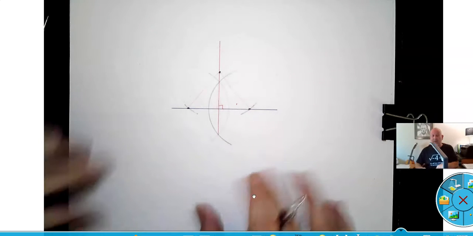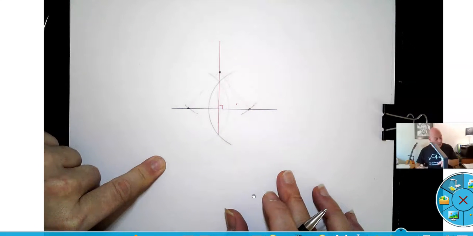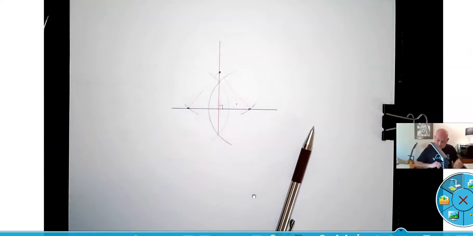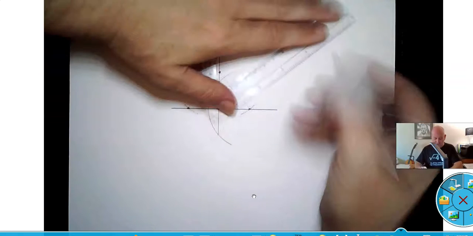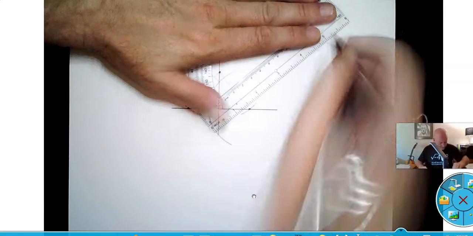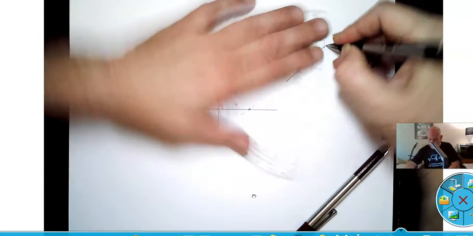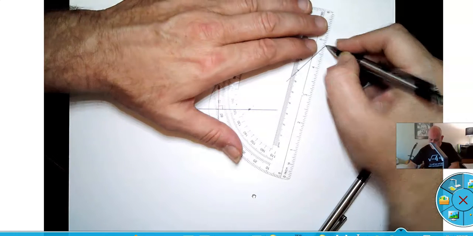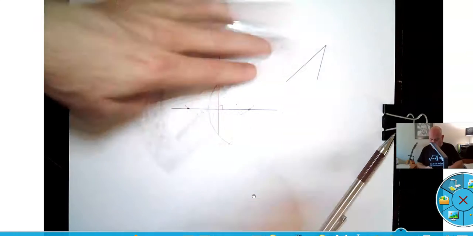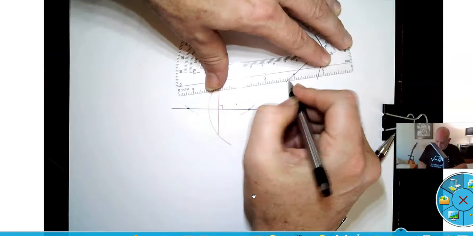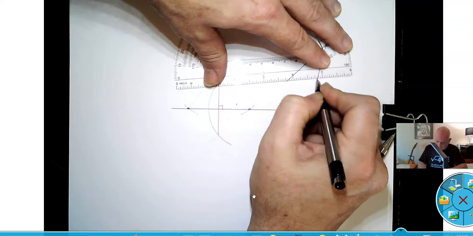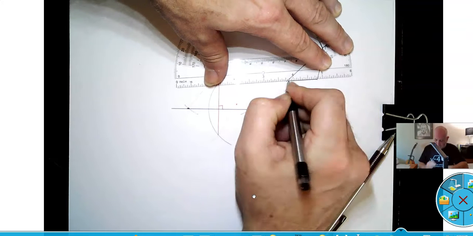Okay, now here's how this is going to play out. When you have to construct an altitude of a triangle, let's just make sure we understand what an altitude is. It's a small drawing, but it'll be okay.